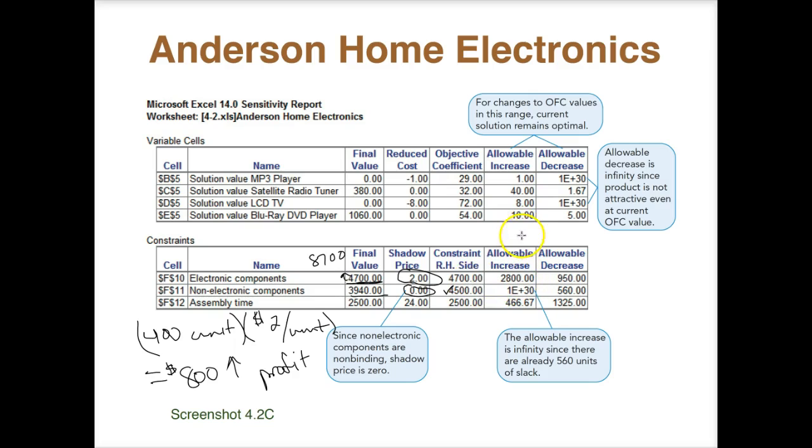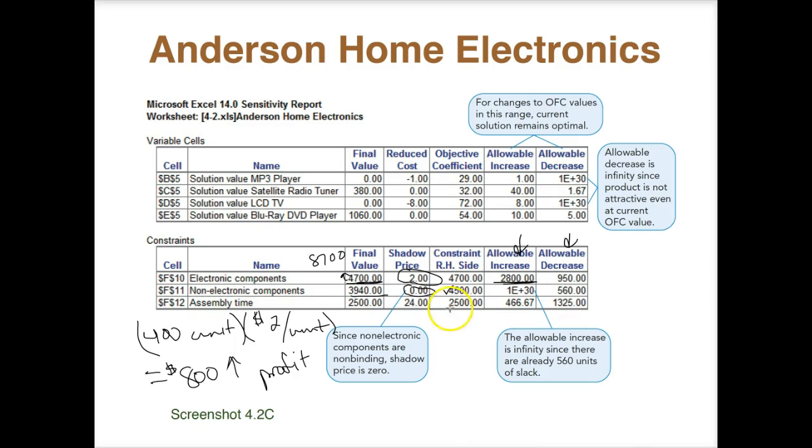But the thing is, if you look at our allowable increase and decrease range, we can only increase up to 2,800. Okay, since we have a total of 4,000 units that we want to increase this by, we're not going to be able to account for all of them.